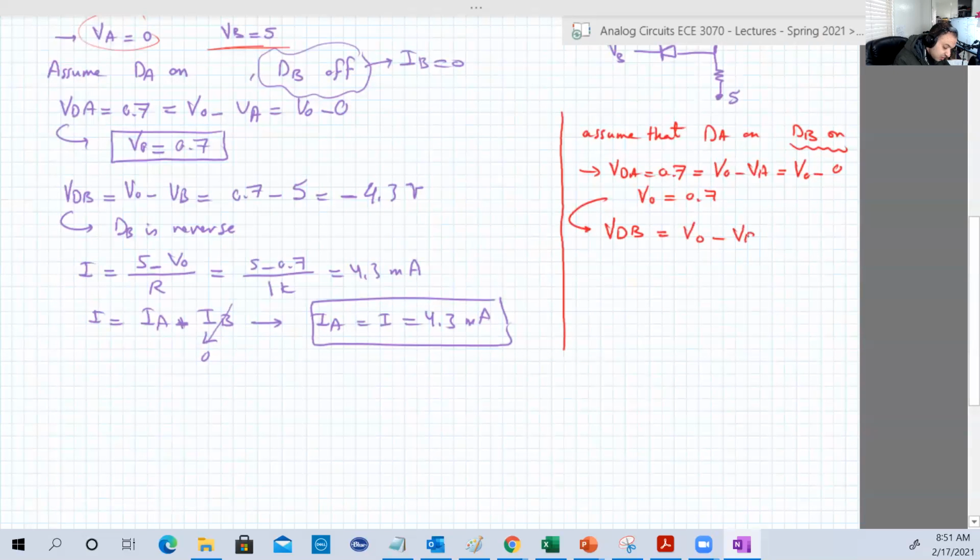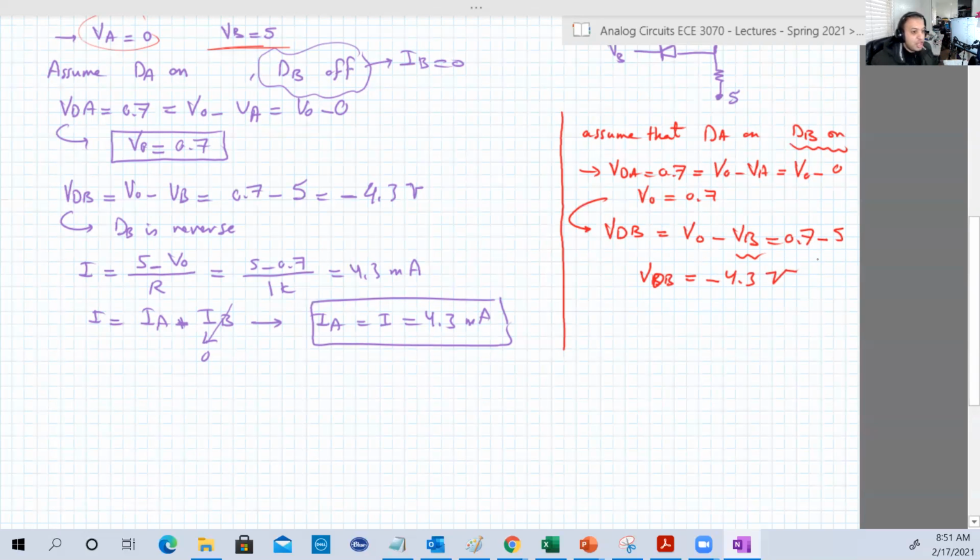VO now is 0.7 and VB is 5. So VDB, the voltage drop on diode B, is minus 4.3 volts.